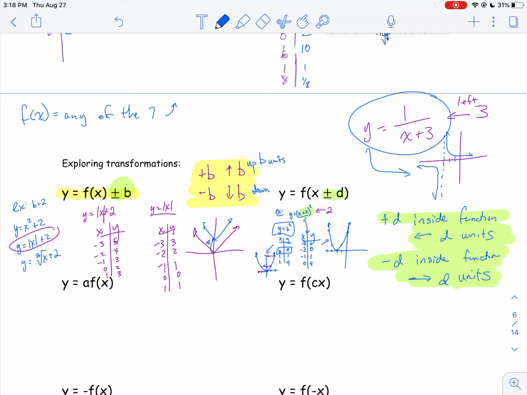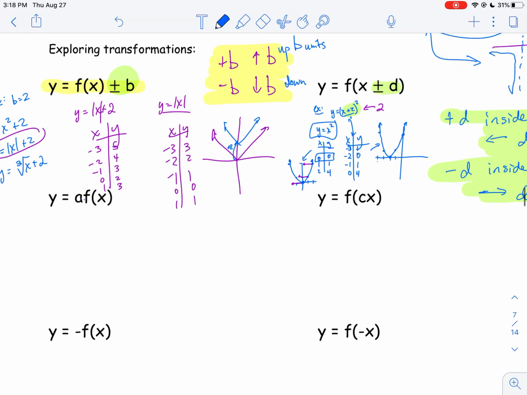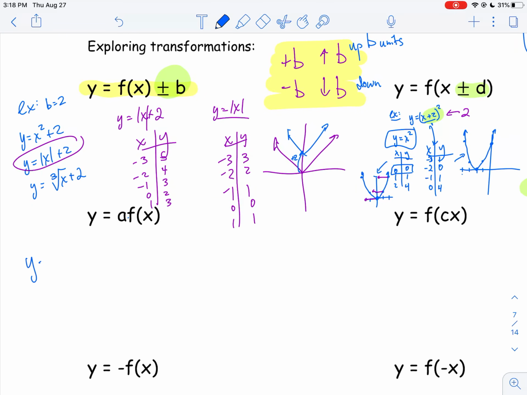Alright, so let's take a look here. What happens if I multiply by a number where the a is? So let's think about y equals, actually, let me make this 4 square root of x.